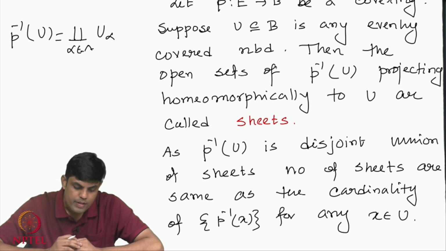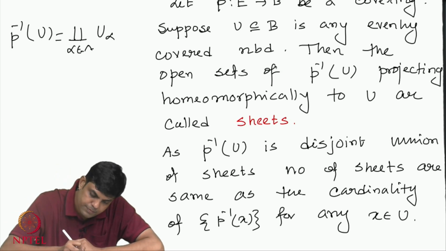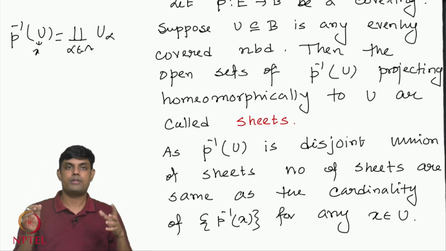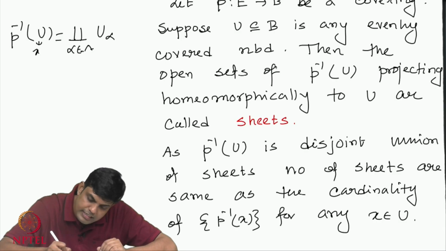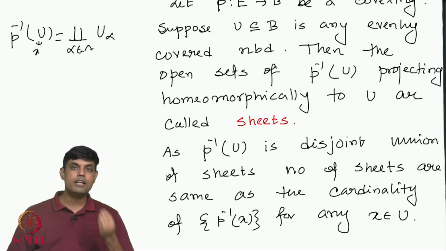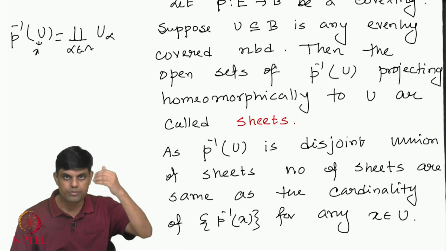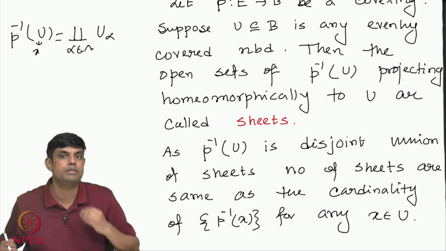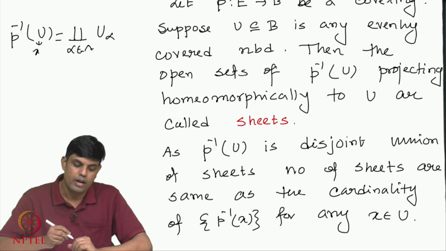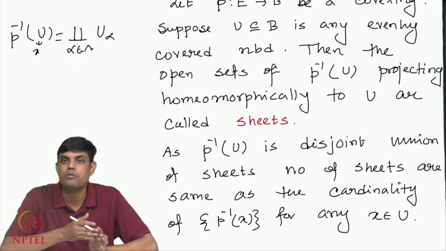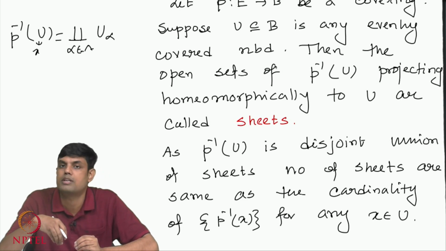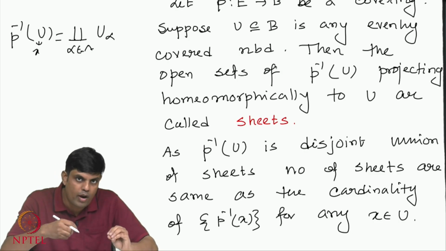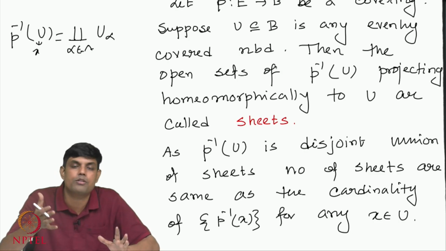If I take an element x here, then each element of P inverse x will lie in exactly one of these sheets, and because P is a homeomorphism from U alpha to U, each U alpha must contain exactly one preimage of x. Therefore, the number of sheets corresponding to an evenly covered neighborhood is exactly the number of points in the inverse image of a point in that neighborhood.